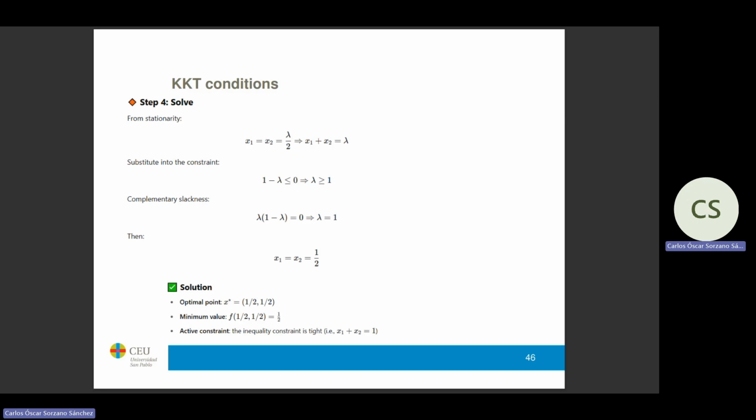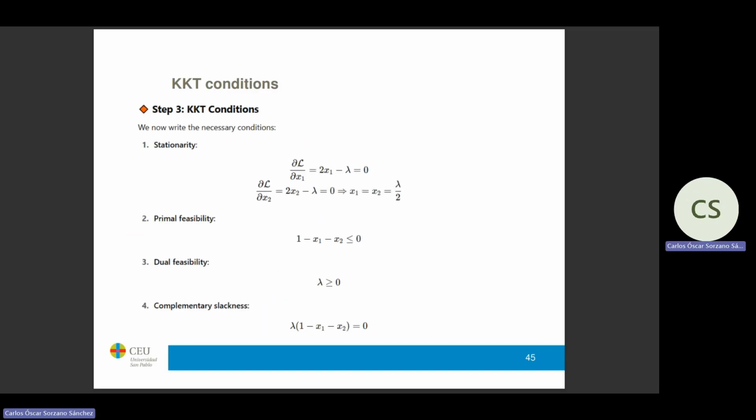So from the stationarity, we have x1 and x2 are equal to lambda half. That means that if I add the two, I have lambda. Then I substitute into this constraint here. What I have is x1 plus x2, because I have 1 minus parentheses x1 plus x2.